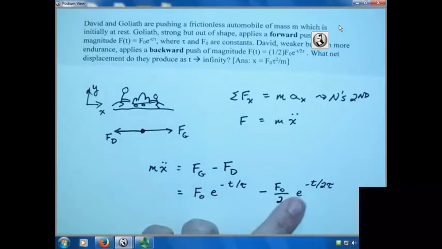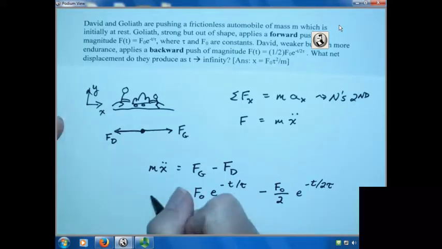So this guy's force doesn't drop to 1 over 2.73 of its initial value for twice as long as this guy's. You guys understand what those time constants mean? All right. And the time constants are the same for each, and that F naught value is the same for each, and I want my answer in terms of those variables. Okay.